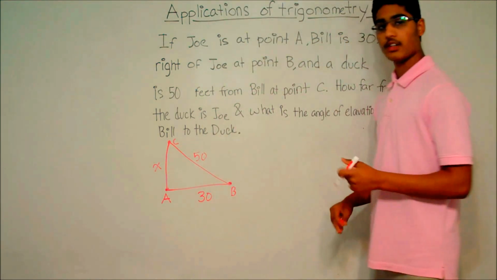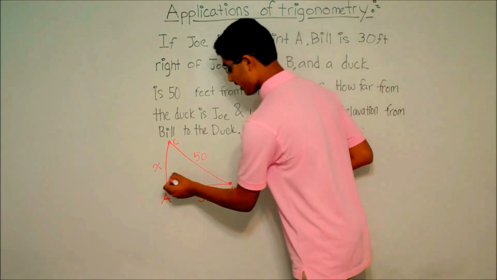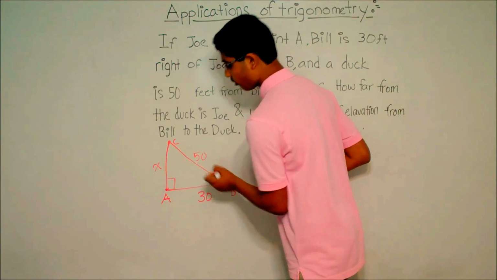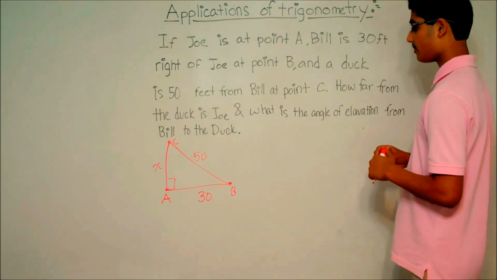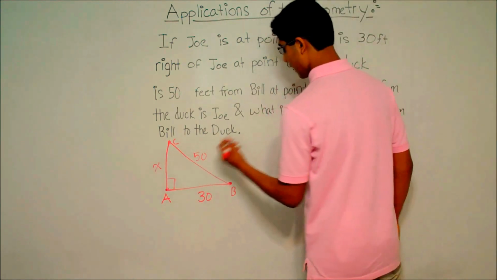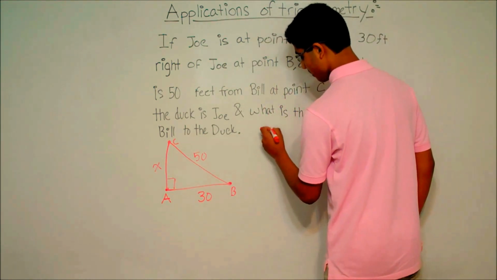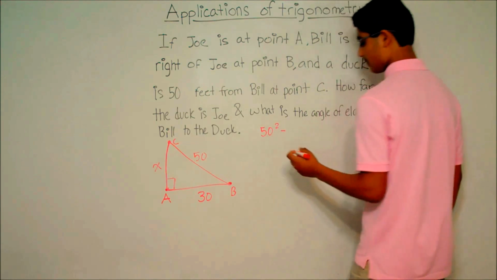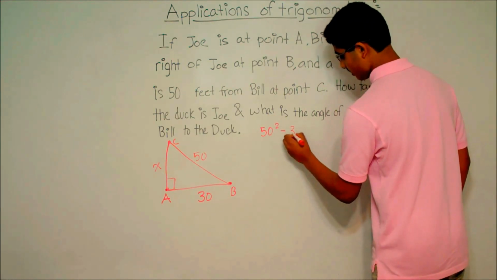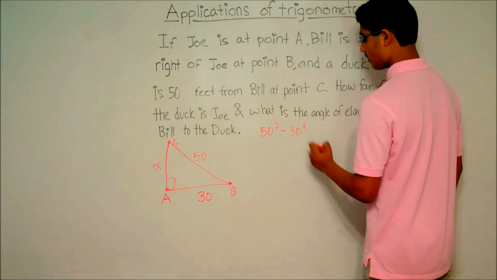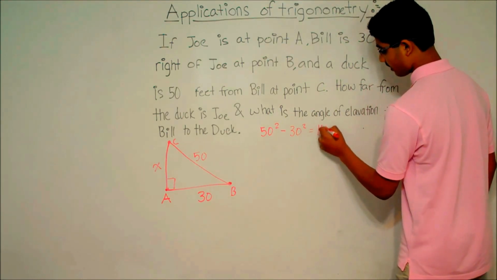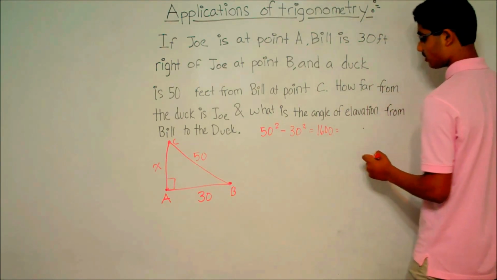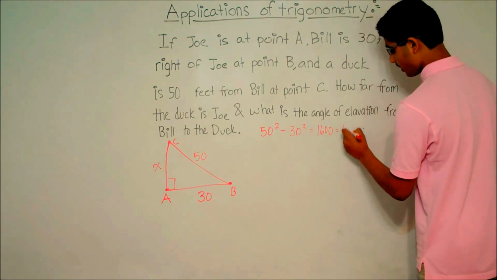So to find that value, because we know this is a right angle triangle because the duck is due north, then that means that we can use the Pythagorean theorem to find this side. So 50 squared minus 30 squared becomes 1600, which is equal to 40 squared.